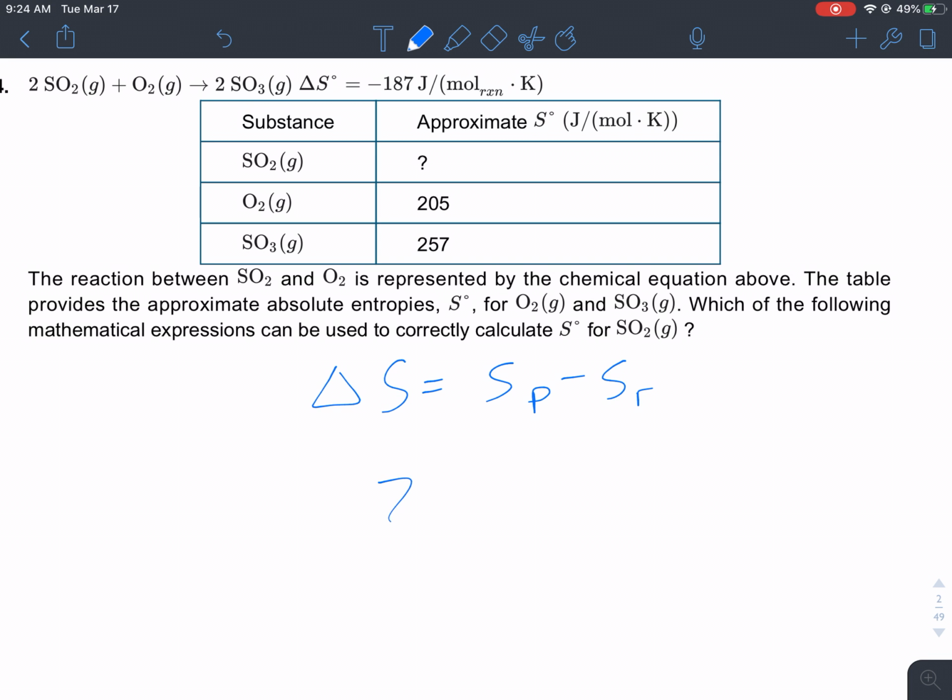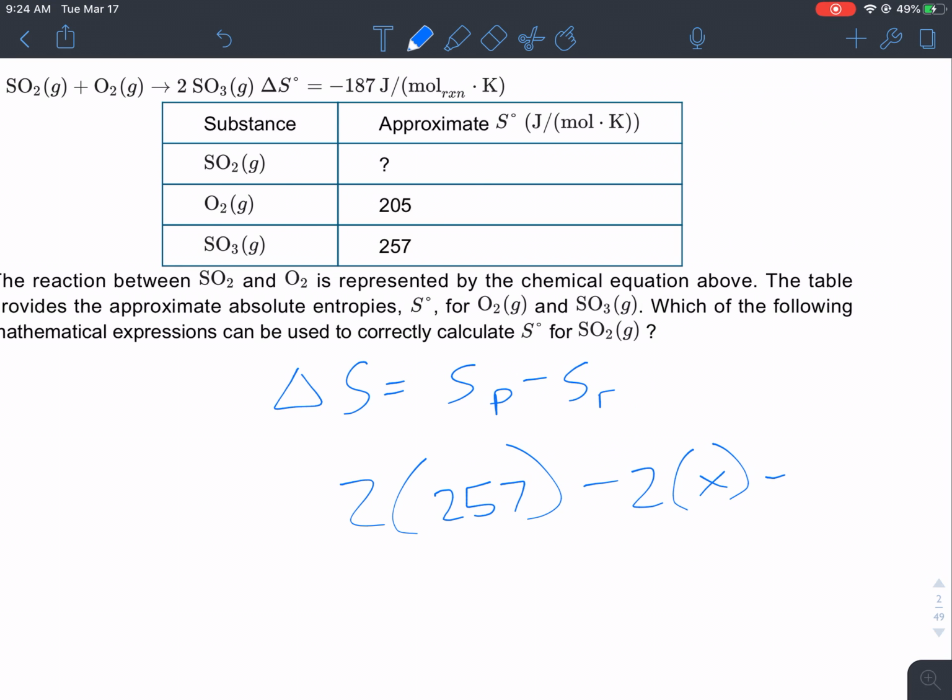Your product is 2 times SO3, which is 257, minus 2 times your SO2, which we don't know what that is, plus 1 times 205. And that has to equal the overall delta S over here, has to equal negative 187.